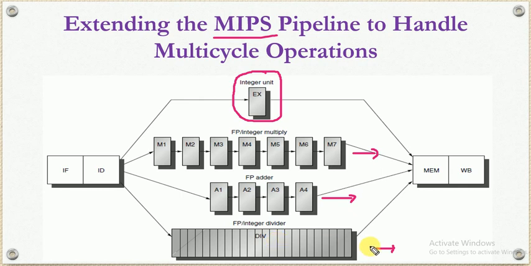Let me differentiate these four once again. The same diagram is extended from a single functional unit into multiple functional units for selected units. For the integer unit, we have only one EH stage, only one unit, which usually takes one clock cycle. For multiplication, we use 7 stages, so 7 units are utilized, over 7 different clock cycles for completing the different stages of the multiplication operation.